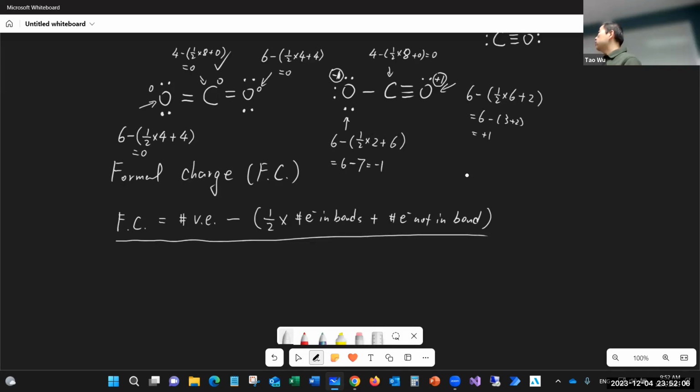Maybe during some reactions, this compound may suddenly be generated, but definitely it's not stable. So it will eventually convert to a structure like this. Are you clear? Okay, so formal charge helps us figure out which structure is correct and which structure is not stable.